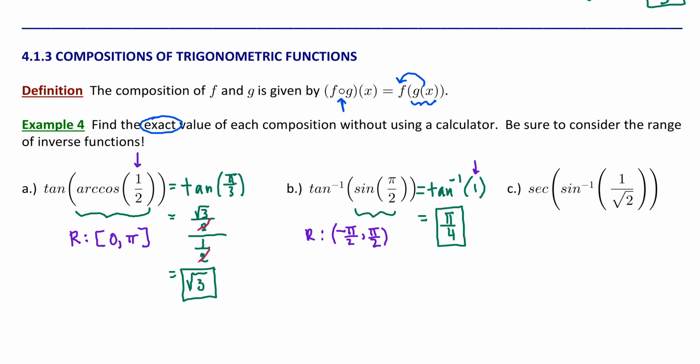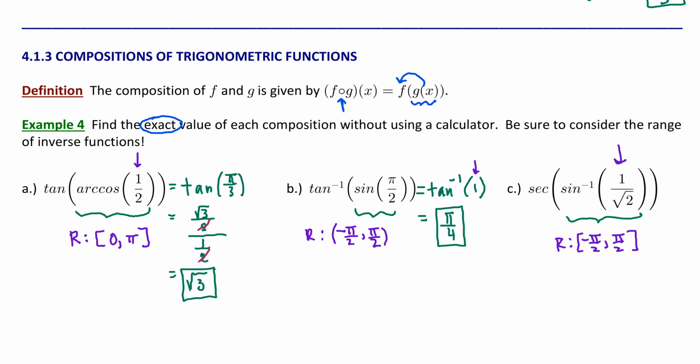Let's try secant of inverse sine of 1 over the square root of 2, beginning with our inside function. Recall that the range of inverse sine is from and including negative pi over 2 to pi over 2. So we need an angle either in quadrant 4 or quadrant 1 whose sine value is positive 1 over the square root of 2.